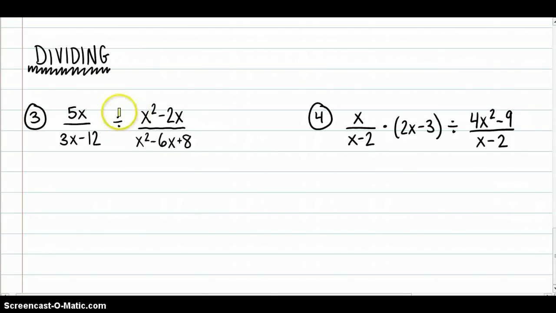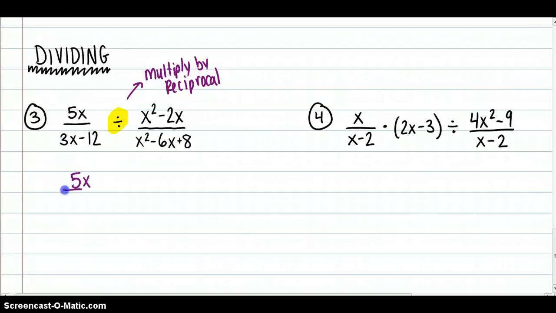When we divide fractions, dividing is the same thing as multiplying by the reciprocal. If I can turn this into a multiplication problem, it'll be a lot easier. So let's do that: 5x divided by 3x minus 12, times the reciprocal of this.